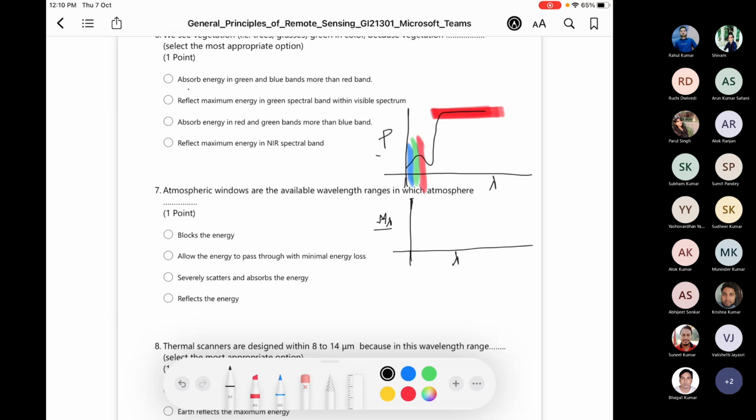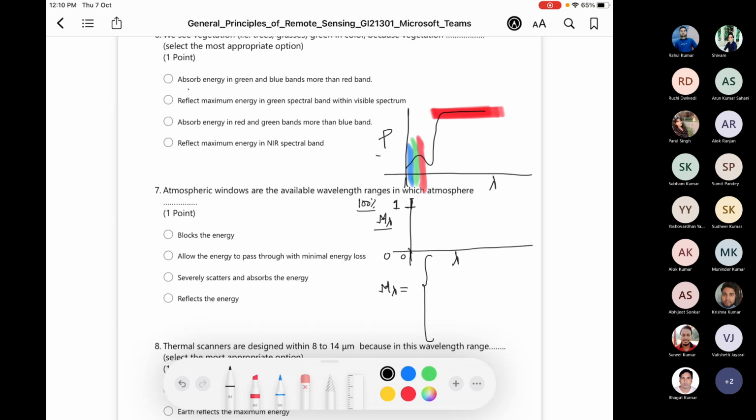The atmospheric windows are the locations where, let's say, on the basis of this, 20-30%, if it is 0 to 1, because the atmospheric transmission varies from 0 to 1, or you can say 0 to 100%.